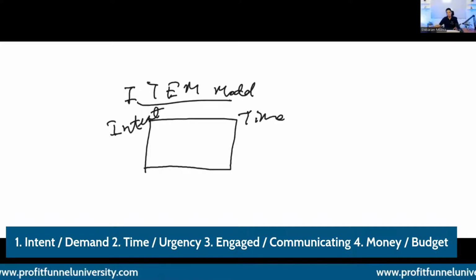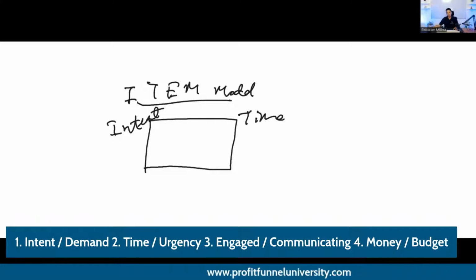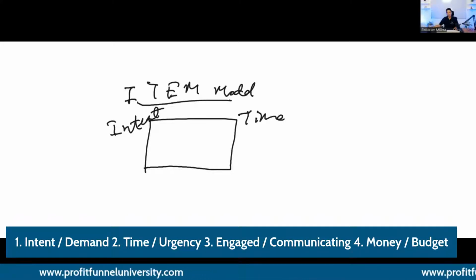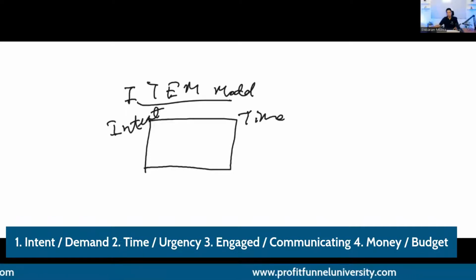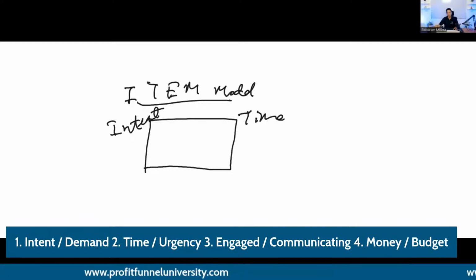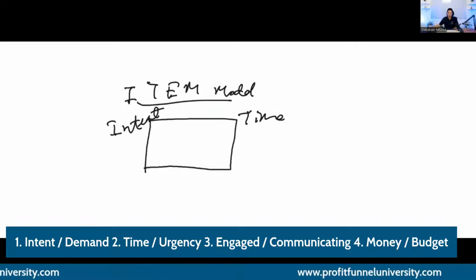If they don't have a budget, they may be your ideal audience, but they may not be your ideal customer. These four things together make or break your lead's success. Intent is basically requirement, time is basically urgency, engagement means whether they are interacting with you or not, and the last one is the money, the budget.